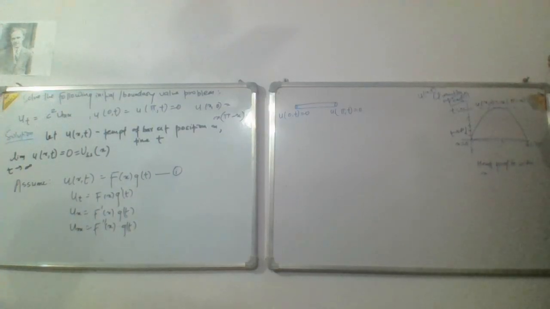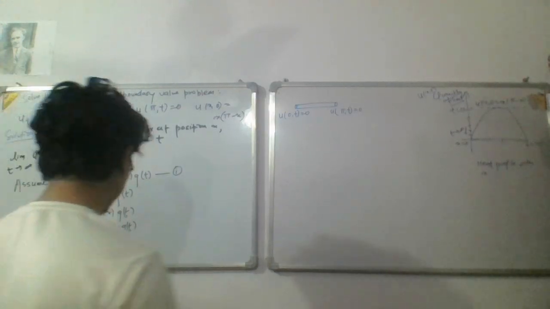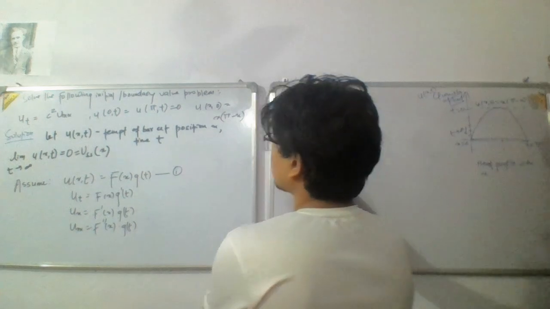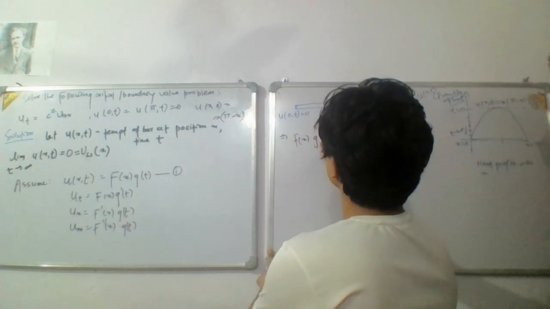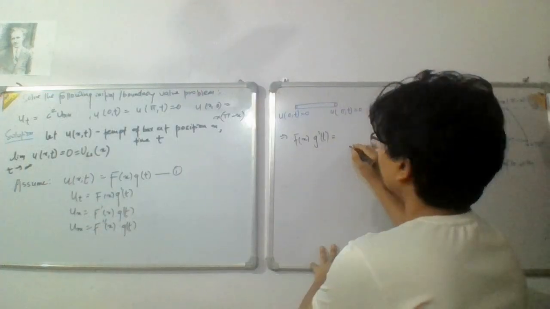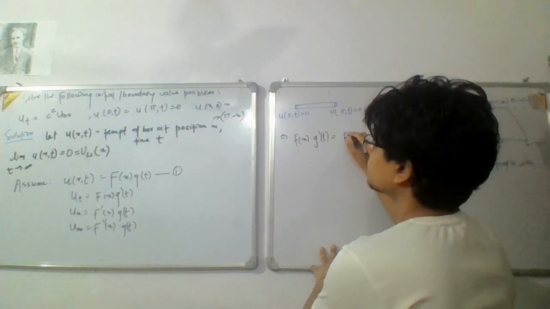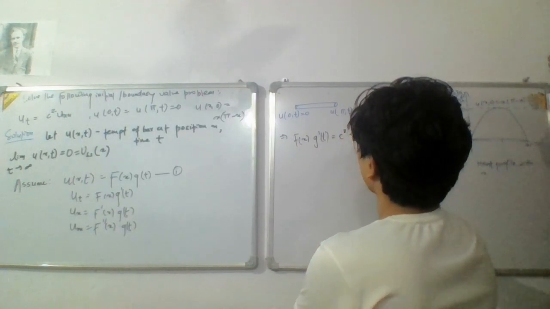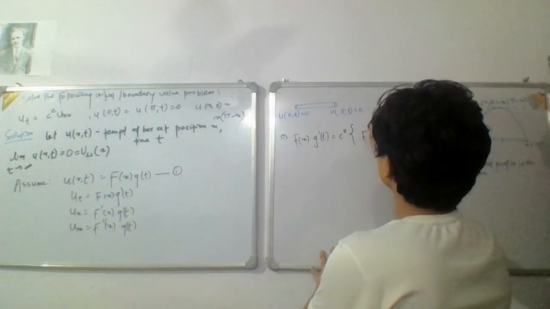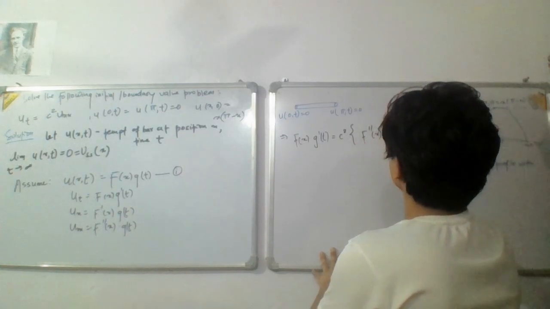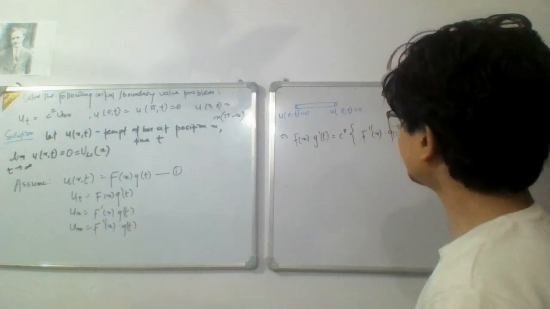Now let's substitute it into the question. Then we get f(x) g'(t) equals c squared f''(x) g(t). Now let's separate the variables.